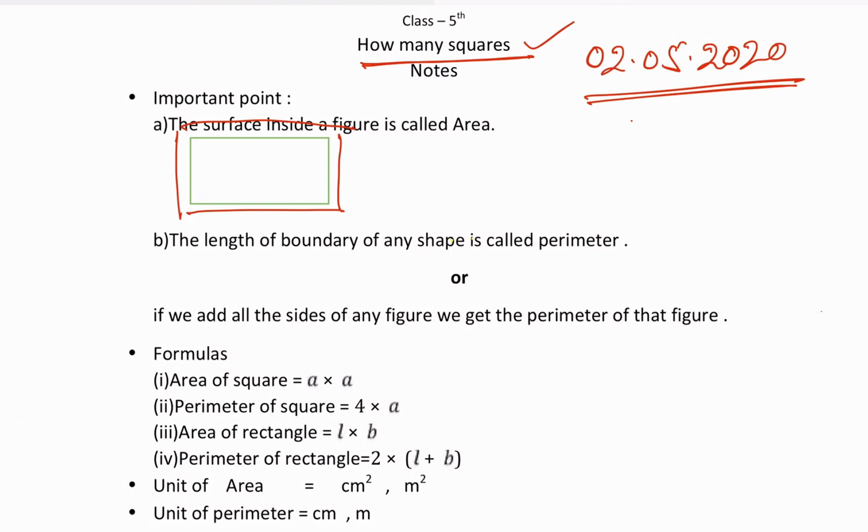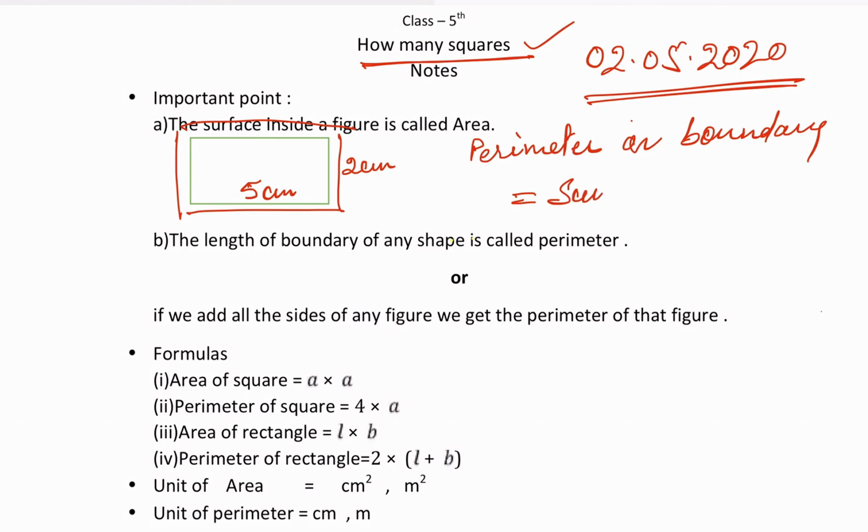Suppose the length of this rectangle is 5 centimeter and the breadth is 2 centimeter. Then perimeter or boundary equals the sum of all sides.